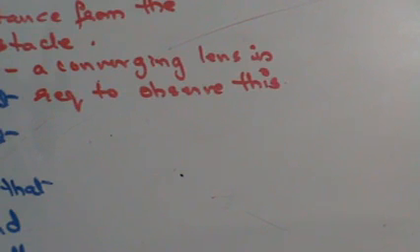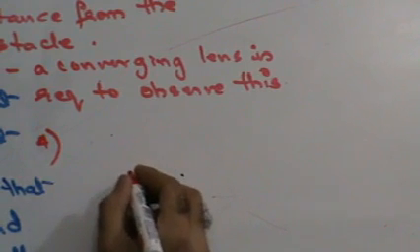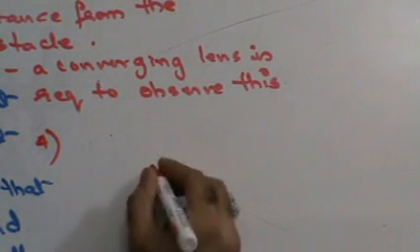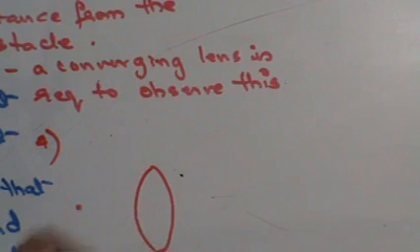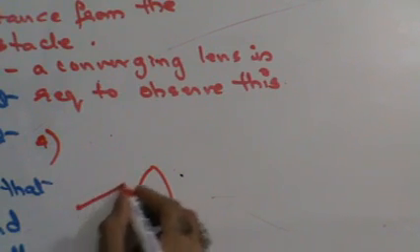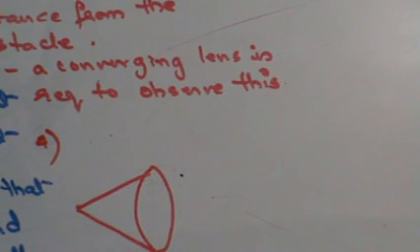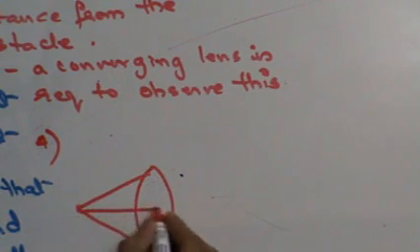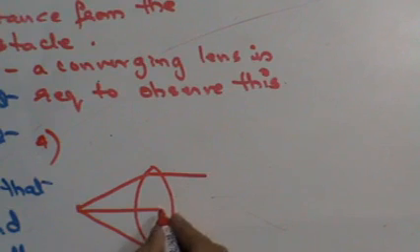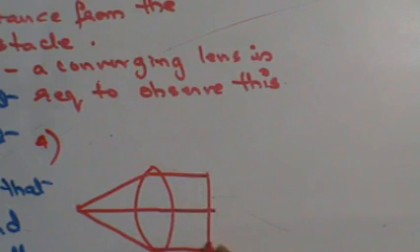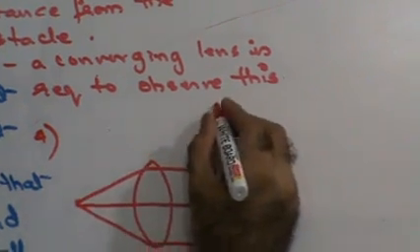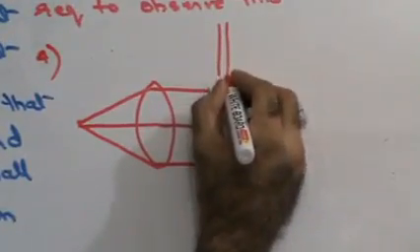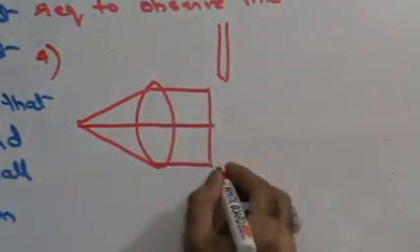I'll show you this with the help of an experiment. Let's consider that I have a lens here. You have a point source, so rays of light move out from here, and after refraction through the lens, you have a plane wavefront. Let's assume that the plane wavefront passes through a slit which has sharp edges.